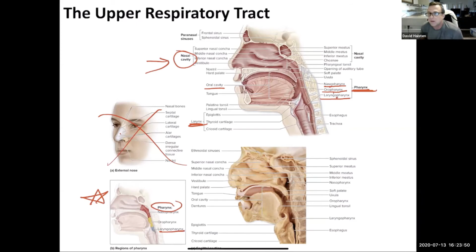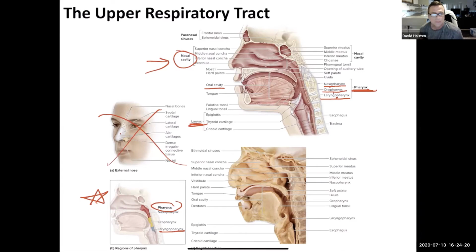So you have a common opening that's going to channel air into your lungs or food down your esophagus. This is a bad design. People choke to death. But this is the design we have, and it goes back to when some fish way back when had a structure to hold air that invaginated off of their digestive tube.